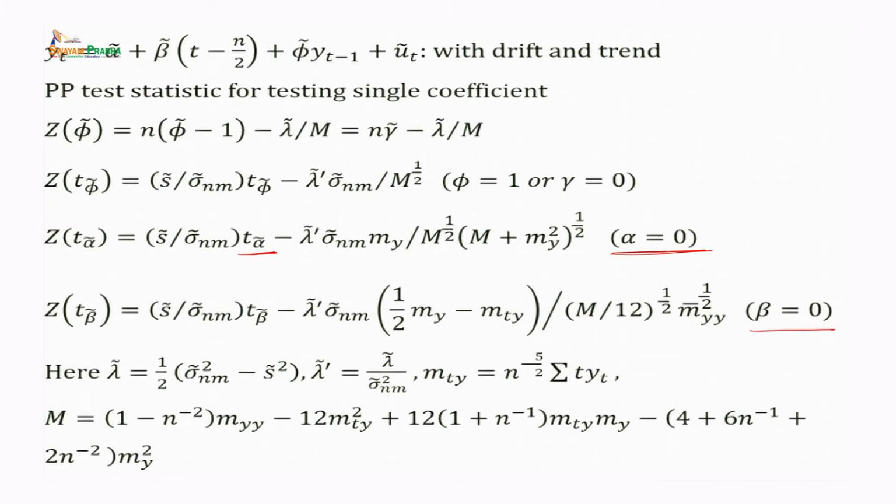So, these statistics are for testing the significance of single coefficients, means this one is for gamma equal to 0 or phi equal to 1, this is for alpha equal to 0, and this one is for beta equal to 0.